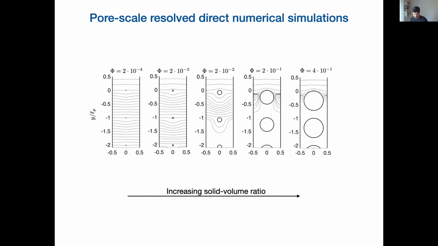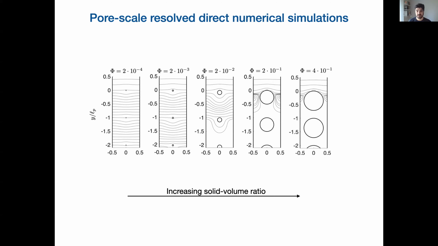So the objective here is first to do direct numerical simulations resolving the flow between the pores. So here we see that as we increase the solid volume ratio, the streamlines around these inclusions in the porous material change significantly. For very high solid volume ratios, we can see separation developing on the sides of the cylinders.